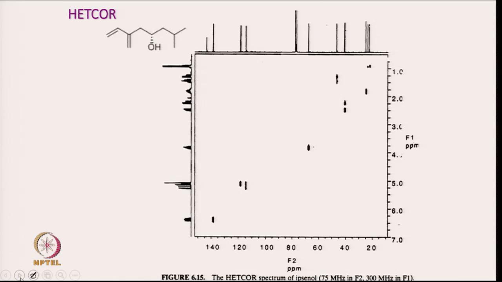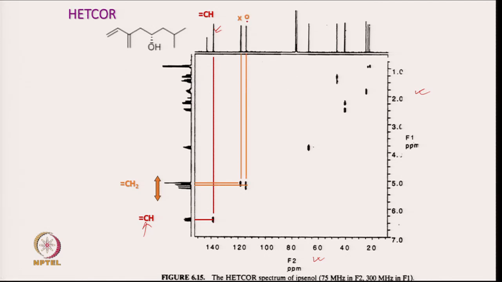Now, we will look at the HSQC. This side is your proton spectrum, so your y axis is proton and x axis is your carbon spectrum. Now, we can also assign the carbon. We know that this corresponds to CH, so the carbon of this proton can be assigned, and that corresponds to around 138 ppm.